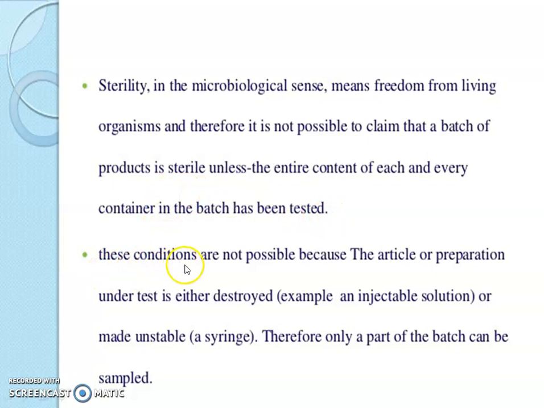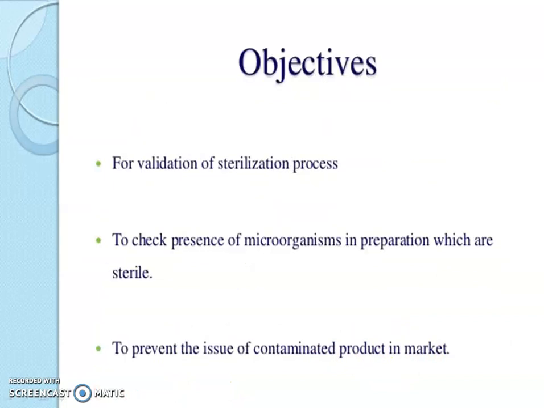These conditions are not possible because the article or preparation under test is either destroyed, for example an injectable solution, or made unstable, for example a syringe. Therefore only a part of the batch can be sampled.